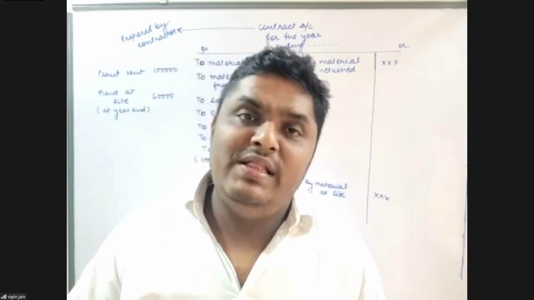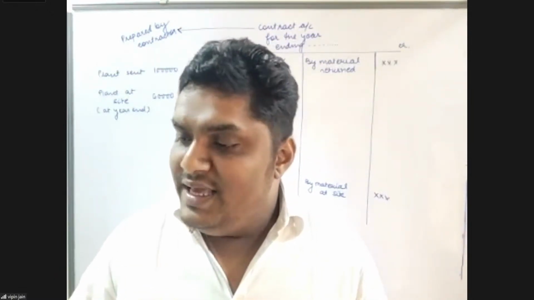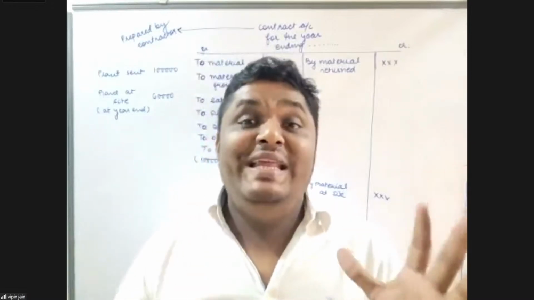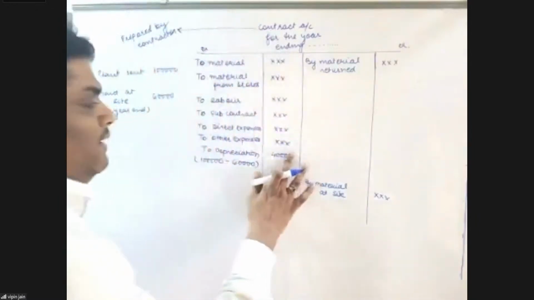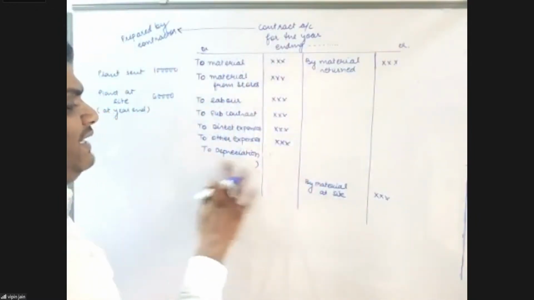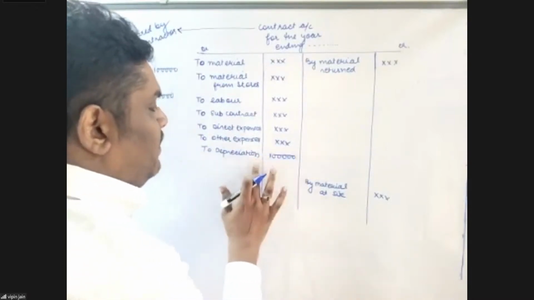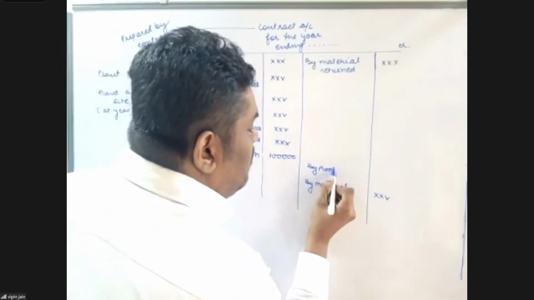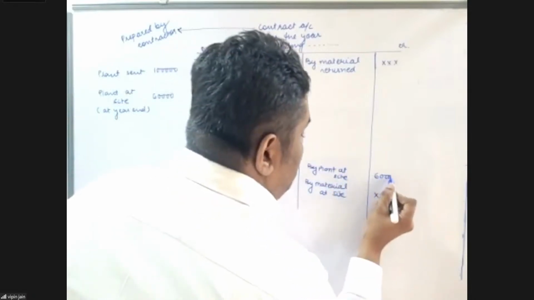We have to write 12,000 and 2,000 separately, Nemish, but yes, Darshan. So I request you guys to please note that if any adjustments are given, let's say the plant sent to site is 1 lakh and the plant at site is 60,000.